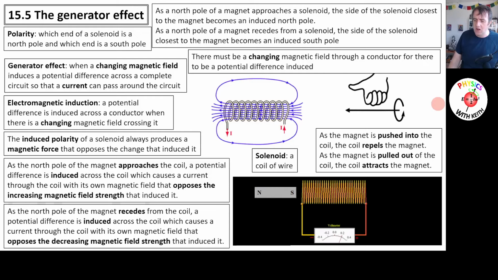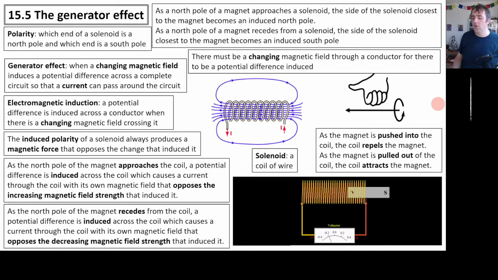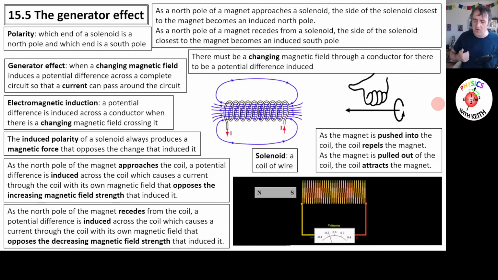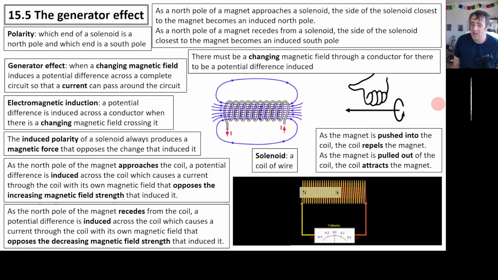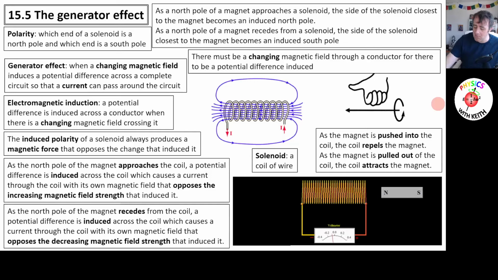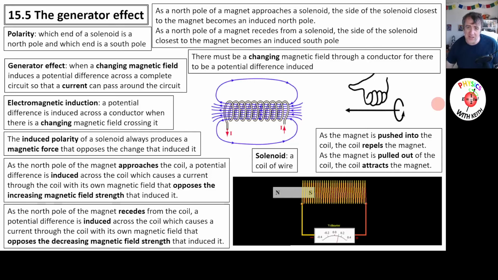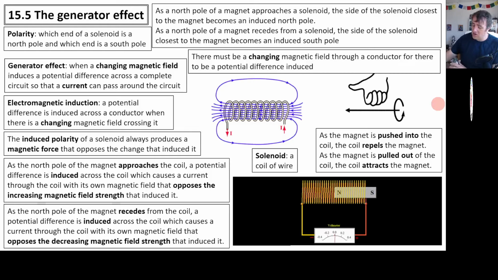So you have to have some sort of changing magnetic field relative to the coil of wire, relative to the conductor, for there to be a current induced in that conductor. And actually, the current isn't what's induced. It's a potential difference across the conductor which is induced. And if the conductor is part of a circuit, then that will cause there to be a current. So this is, I think, the most complicated topic of the GCSE in physics. I really do think the generator effect is the hardest part.